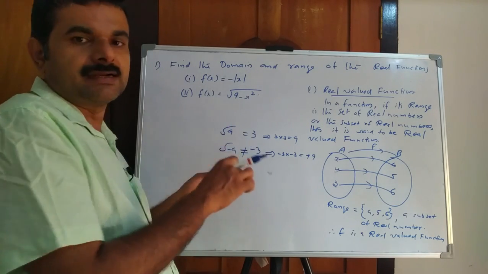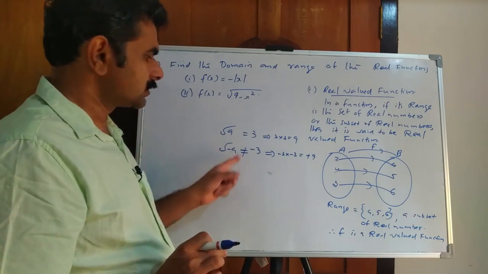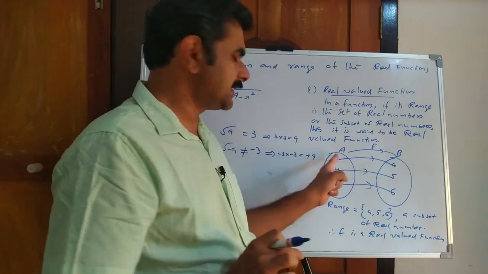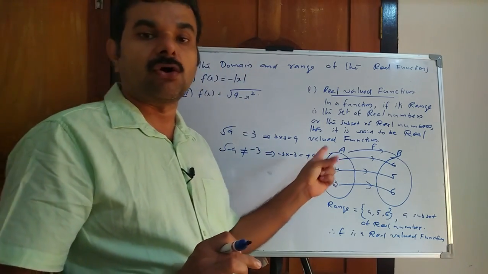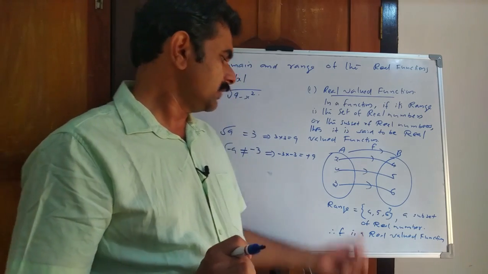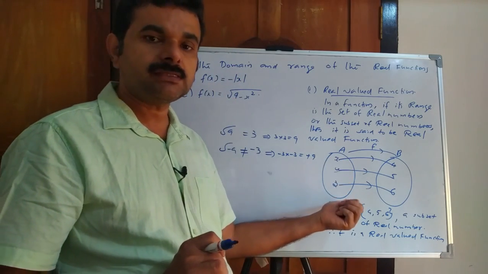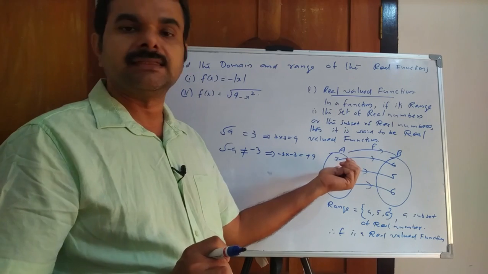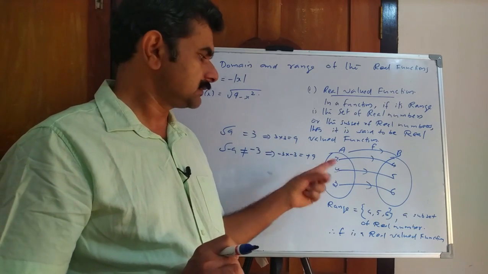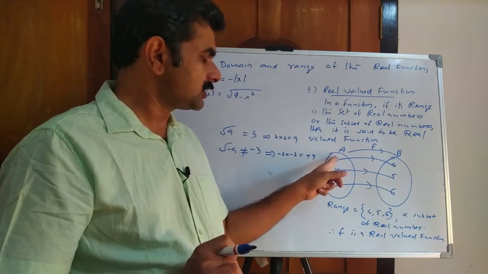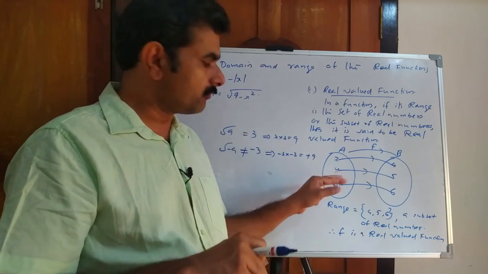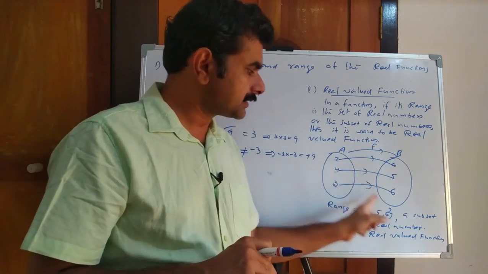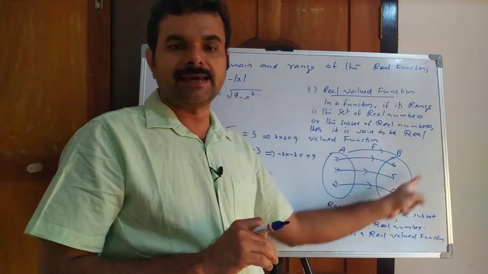That will be learned later. Okay. So the square root of negative numbers are what? Non-real numbers. So x may be real numbers or complex numbers. Anyway, the nature of x is not defined here, and we are focusing only on the range set.